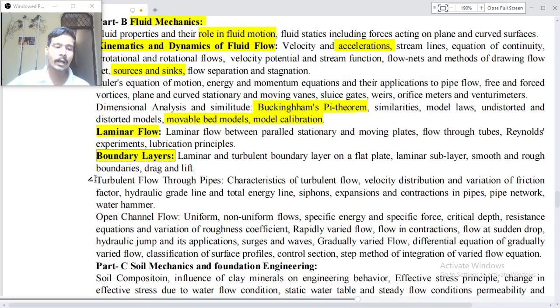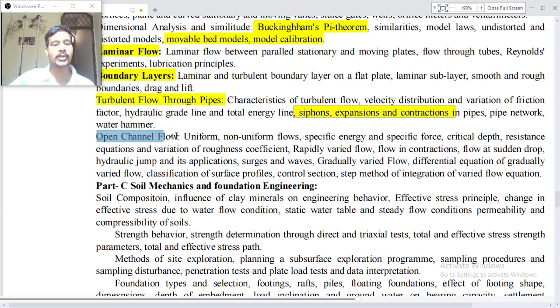Now, turbulent flow through pipes, characteristics of turbulent flow, velocity distribution and variation of the friction factor, hydraulic grade line and total energy line, siphons, expansions and contractions in pipes and pipe networks, water hammer. Now open channel flow.